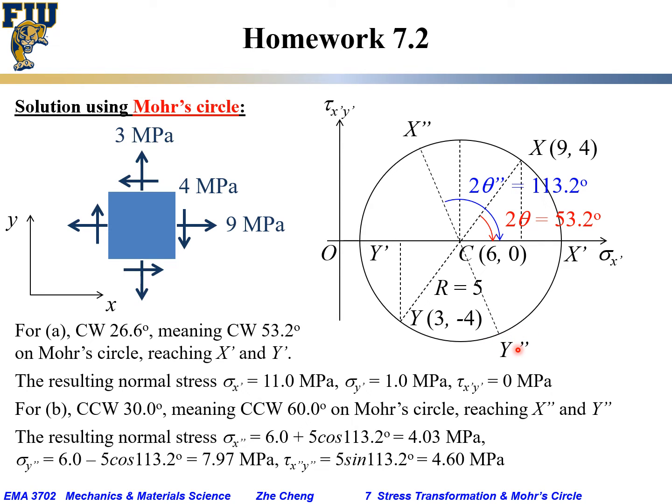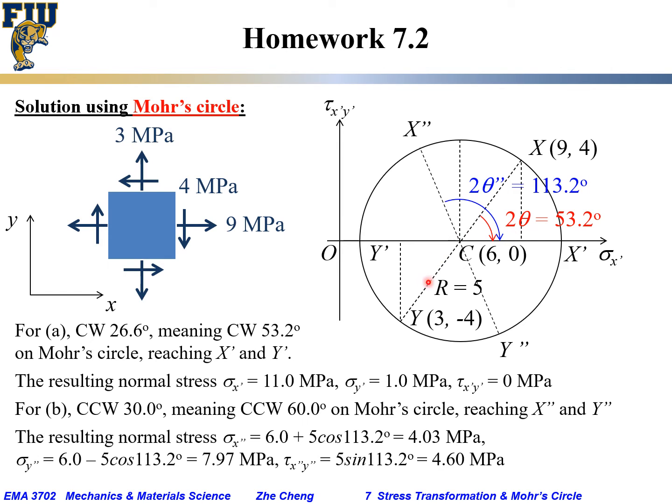And what are its coordinates? It will be the center plus this. It will be 6.0 plus this. What is this? It will be the radius times the cosine of that angle.